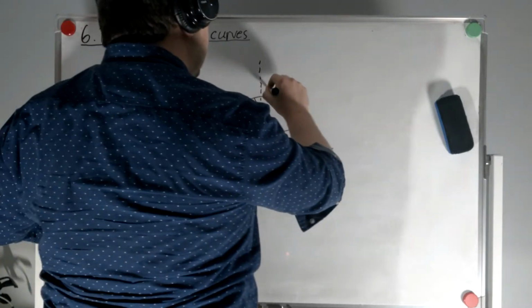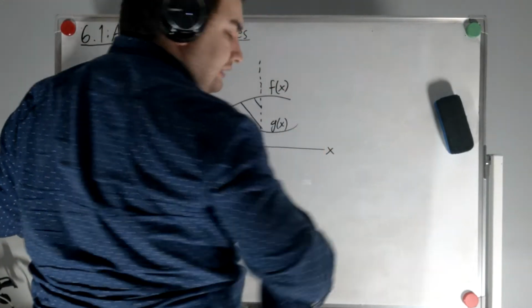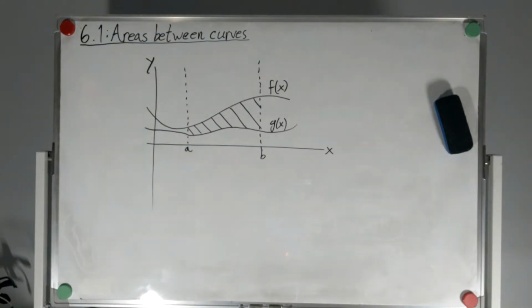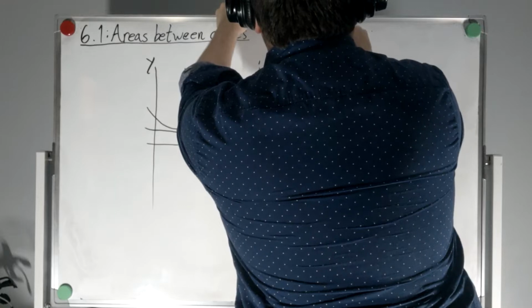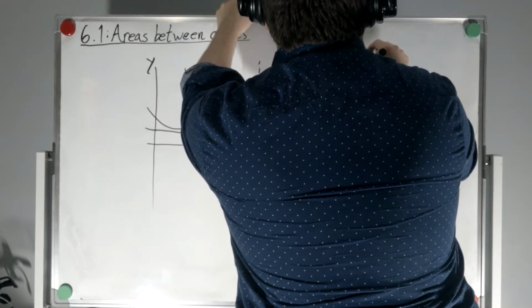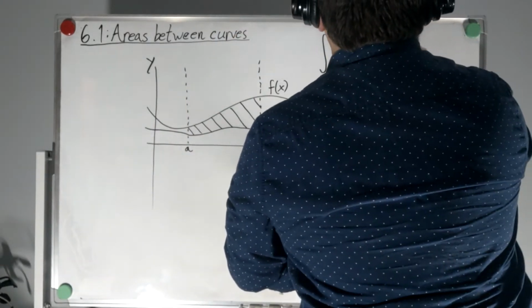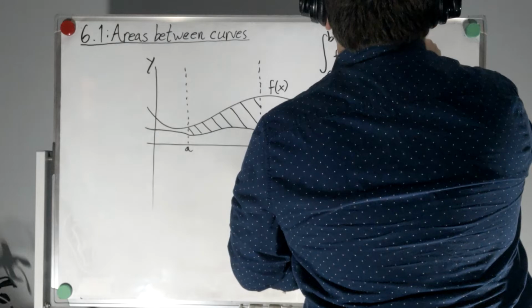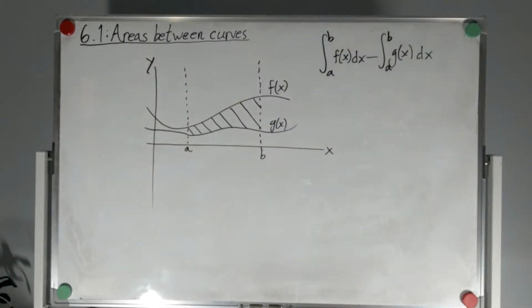So above we have f of x, and below we have g of x. What I'm proposing is that we take the definite integral from a to b of f of x, and subtract from that the definite integral from a to b of g of x. Upper minus lower.